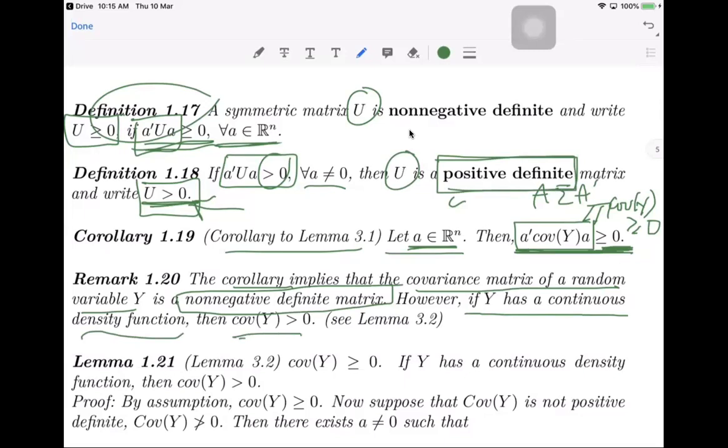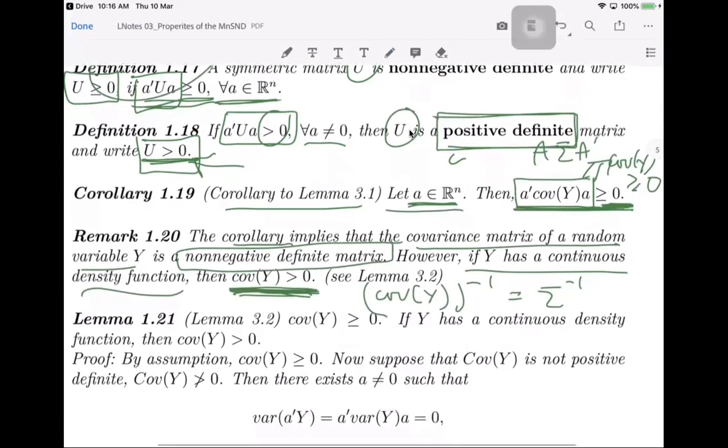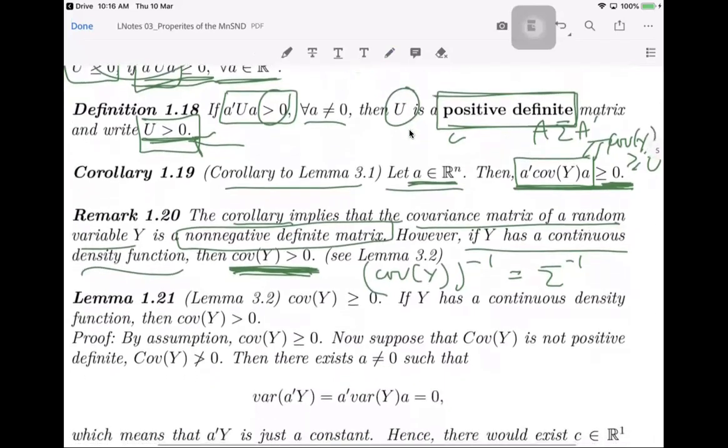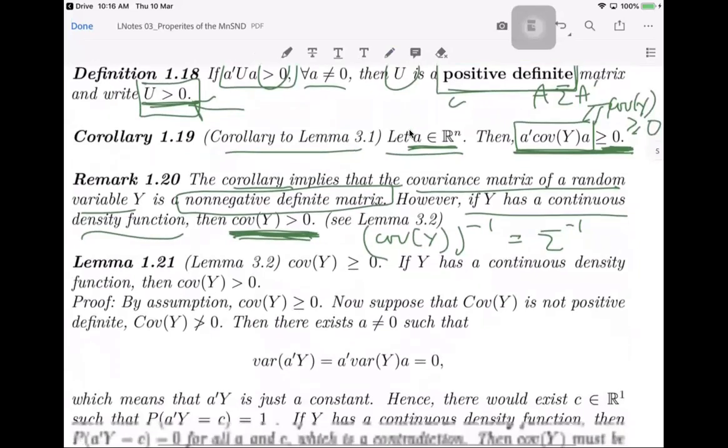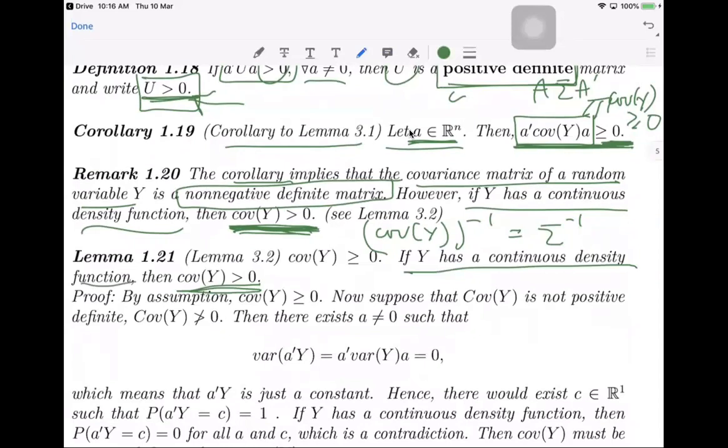We always want the covariance of Y to be positive definite because we want the inverse of the covariance, sigma inverse, to exist.